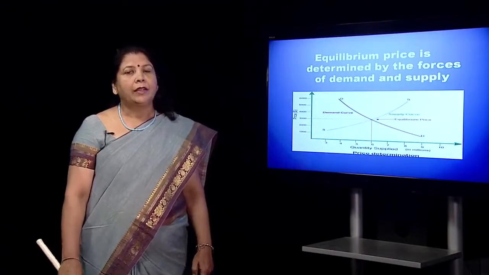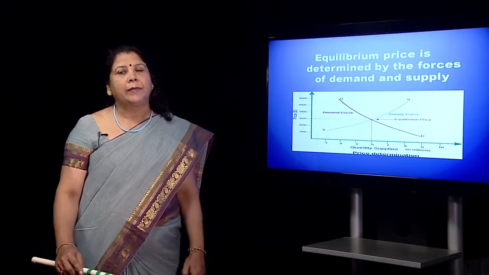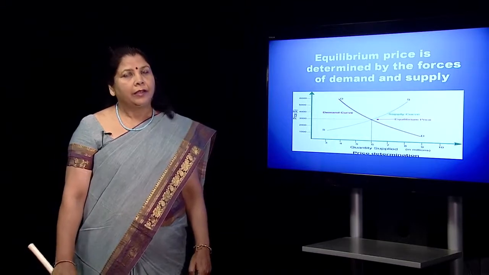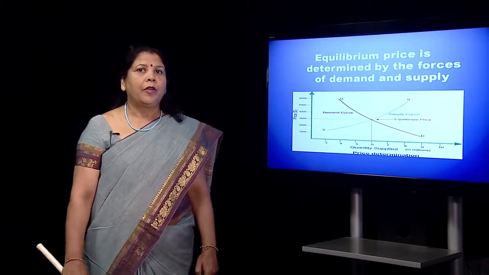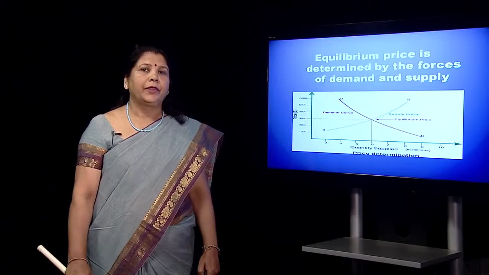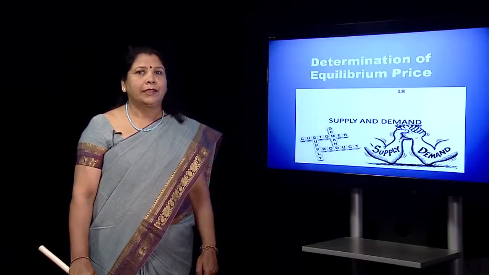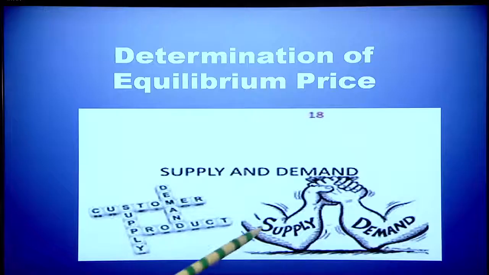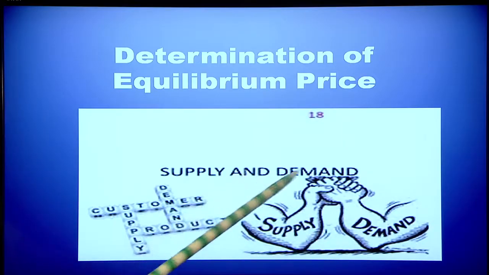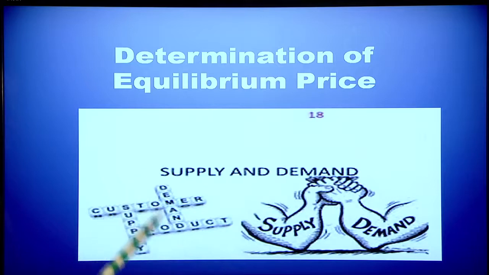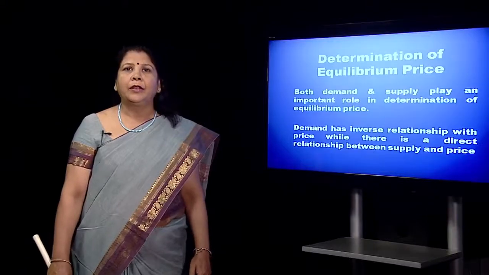In this manner, the forces of demand and supply together help to form the equilibrium price in the market. It's like a tug of war or a contest between the supply and the demand forces, the demand being executed by the consumers and the supply being executed by the producers of different products.